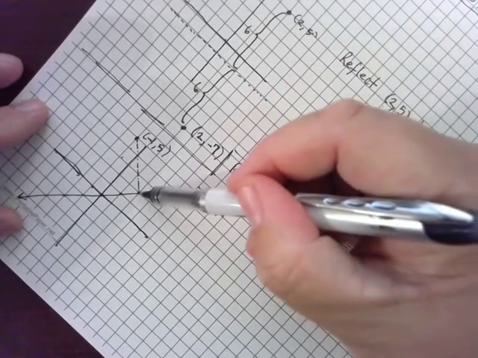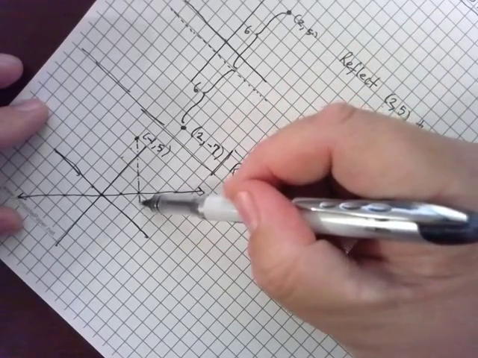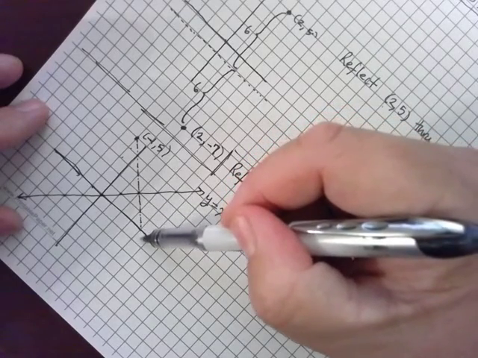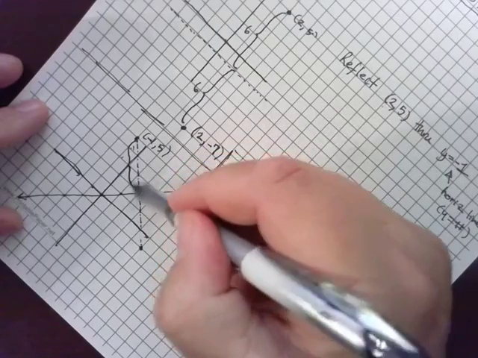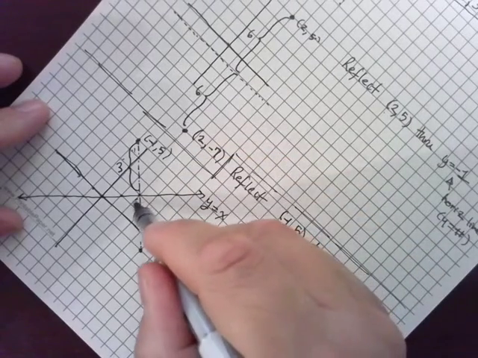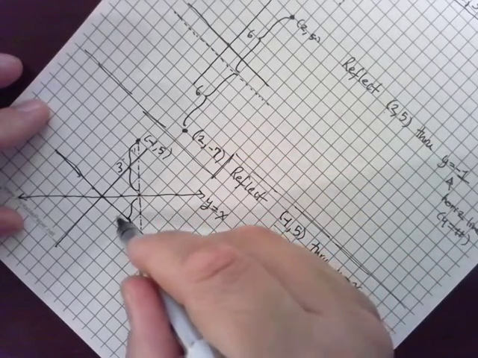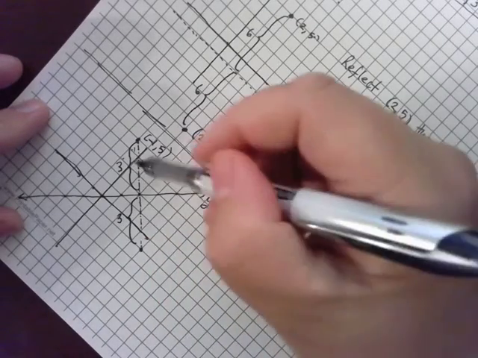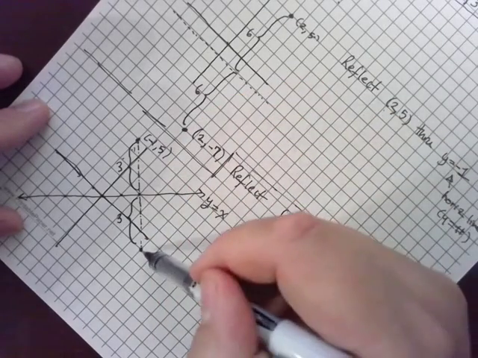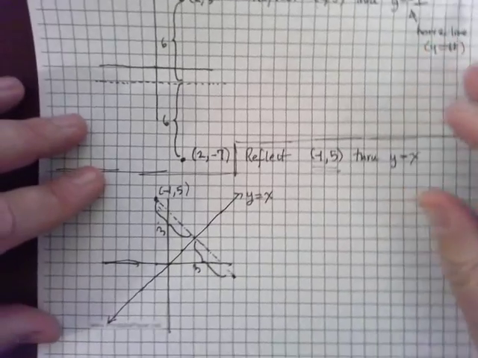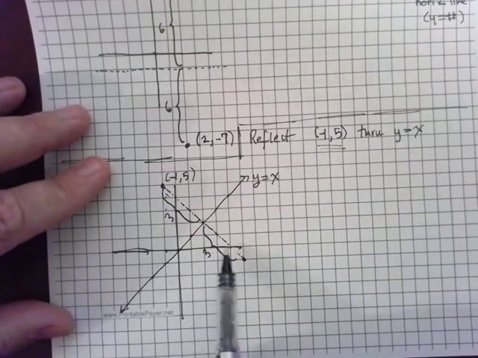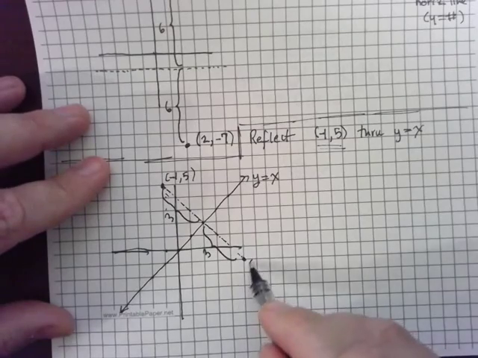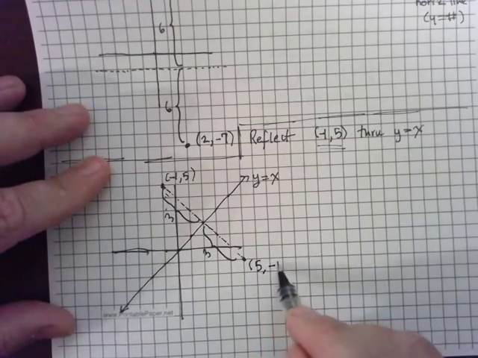So the image point will be the same distance on the other side. So this is 3 diagonals, and so the image point will also be 3 diagonals. There's the original, there's the image. Then if I turn this back, I can see what the coordinates of these points are. 1, 2, 3, 4, 5, -1.